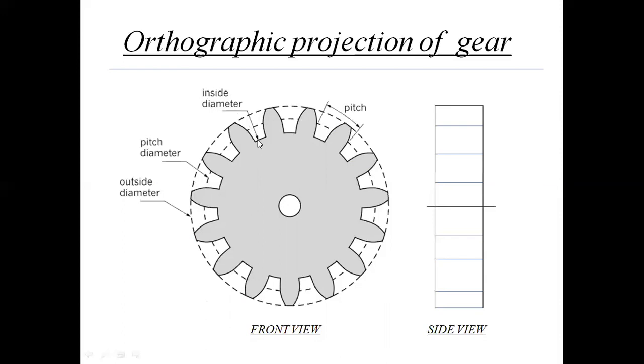The diameter of the dedendum circle is always less than the pitch circle diameter, and the addendum circle is outside the pitch circle, so its diameter is always greater than the pitch circle diameter. All these three circles are always concentric circles.